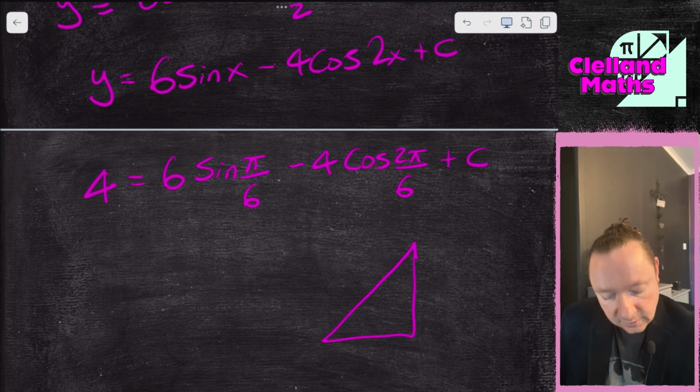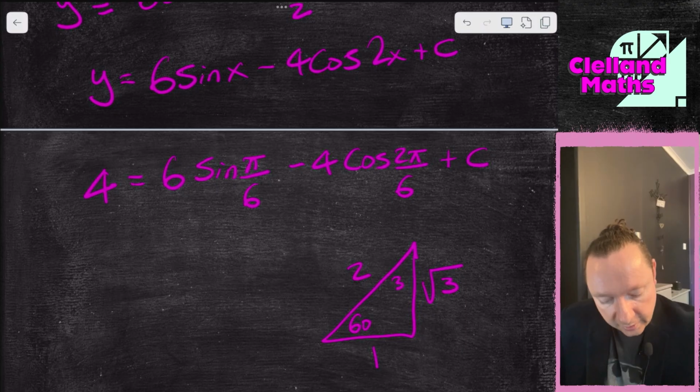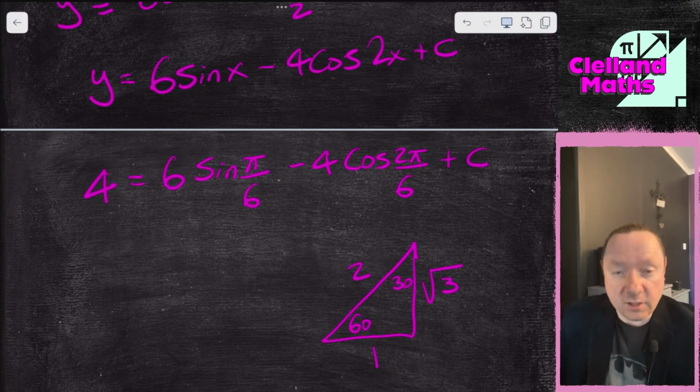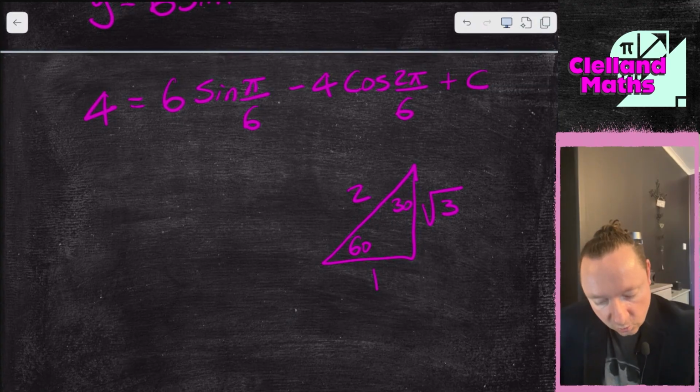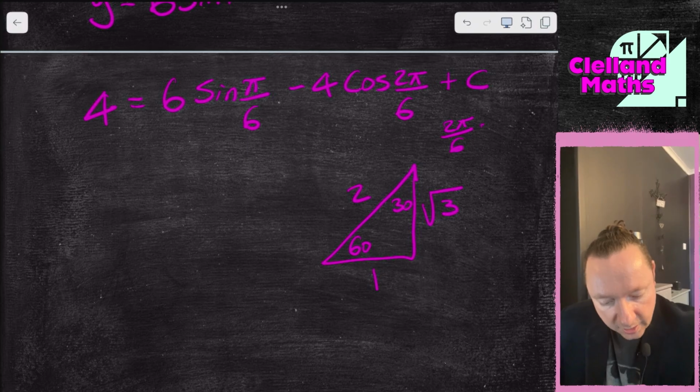I think in degrees, and then I turn it into radians. 1, 2, root 3, and that's 30. So pi over 6 is 30. 180 divided by 6 is 30. And then this fraction here, 2 pi over 6, is pi over 3, which is 60 degrees. And pi over 6 is 30 degrees.